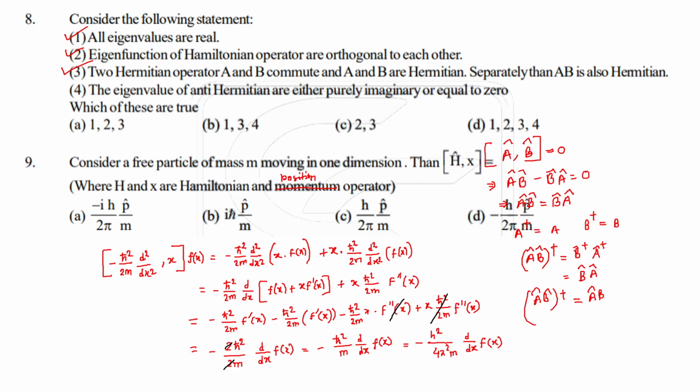Now if I need to see it in all the options, they have introduced the momentum operator P. What is the momentum operator? That is minus i h cut d by dx. What do we have here? We have minus, we don't have i, we have h.